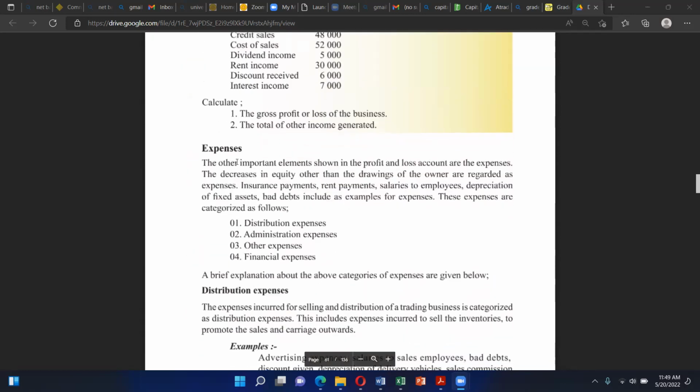And then write it down, expenses: decrease in equity, opposite of income, okay? Decrease in equity other than the drawings by the owners.